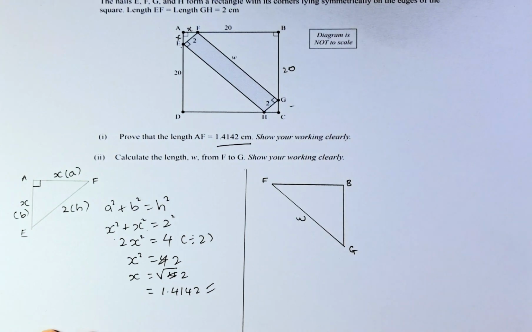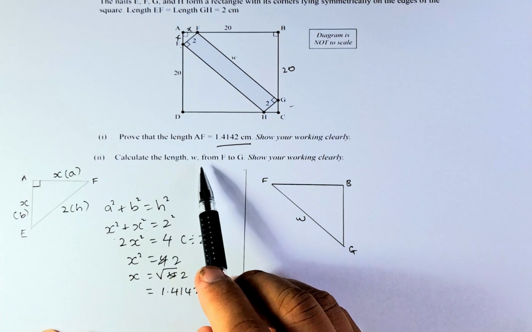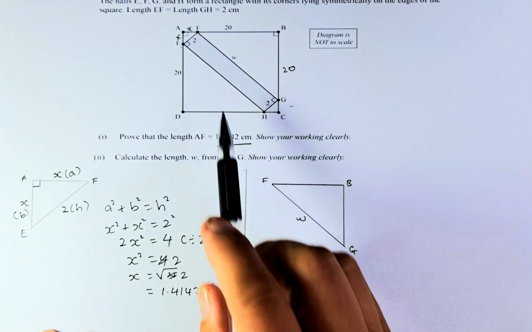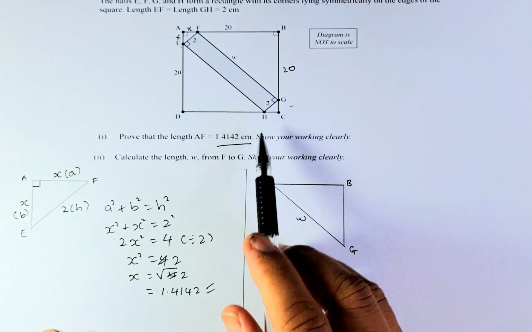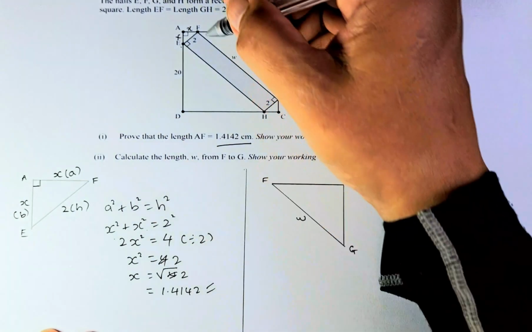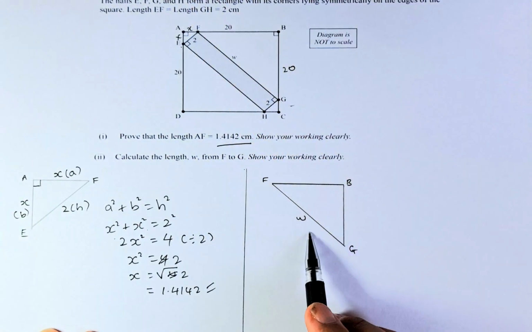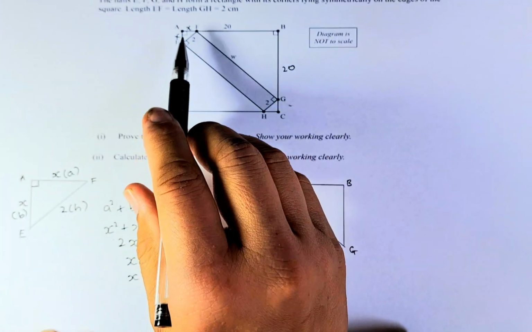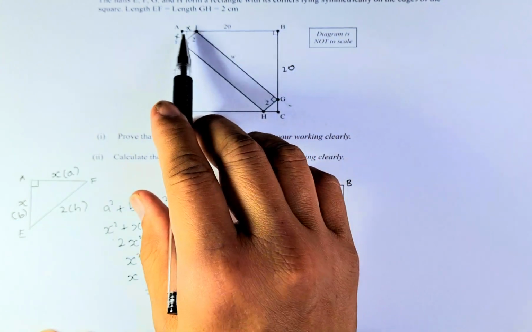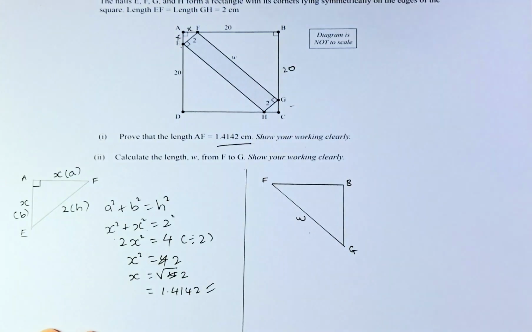Part B, we are going to calculate the length W, FG, and show your working. We have magnified this triangle, W, and we know that AB is 20, and we found X is 1.4142.